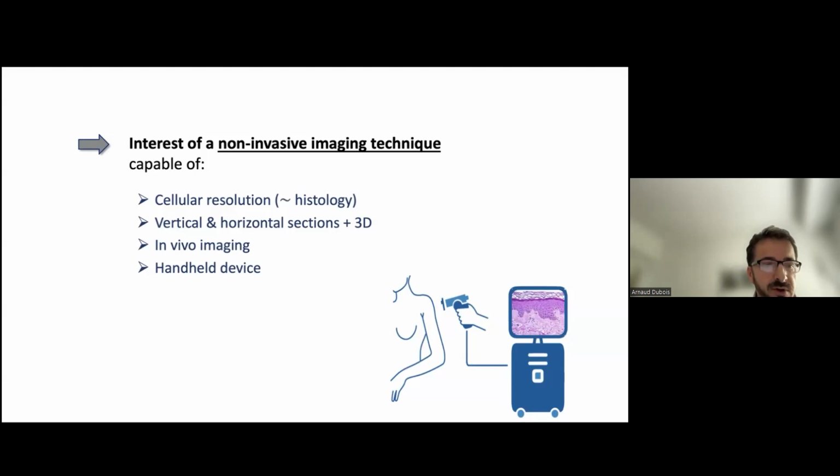The technique should provide vertical sections like histological images, and possibly also horizontal sections, and also 3D images if possible. The technique must be applicable in vivo, and it should be a handheld device for convenient use.